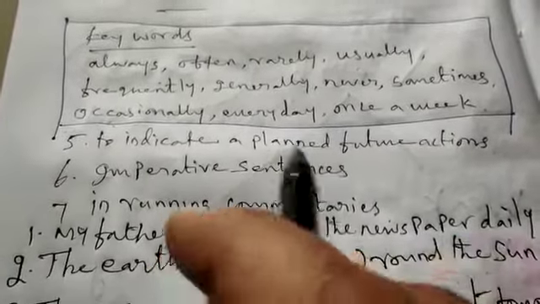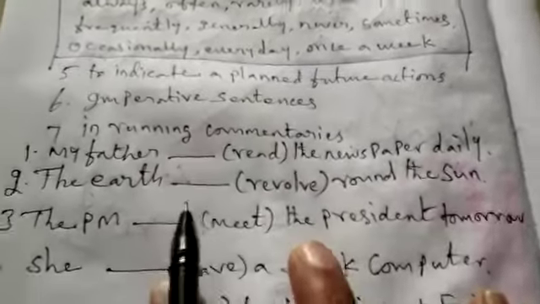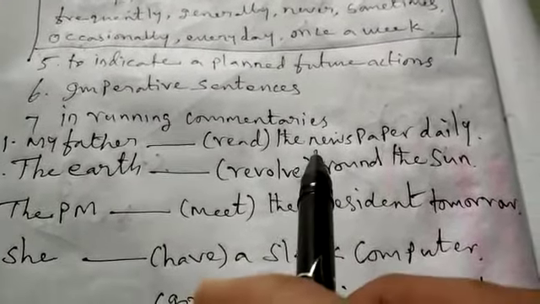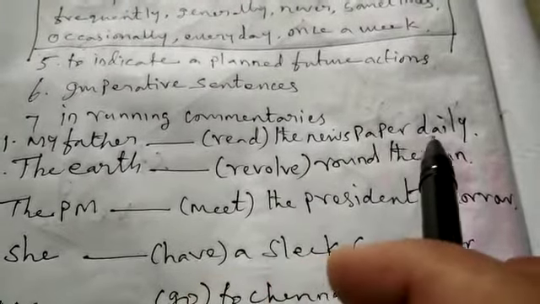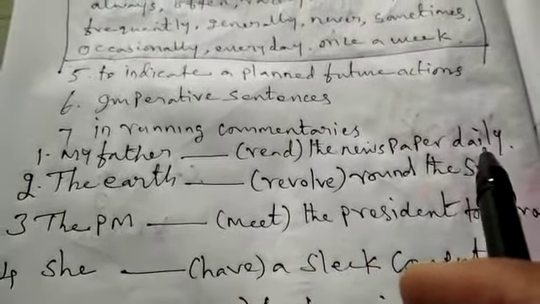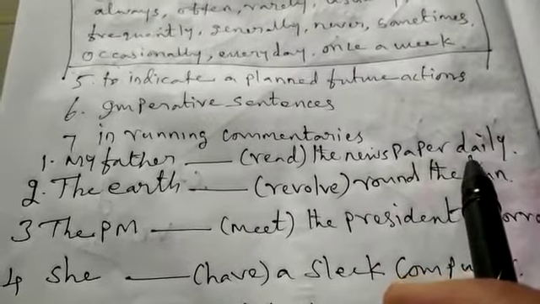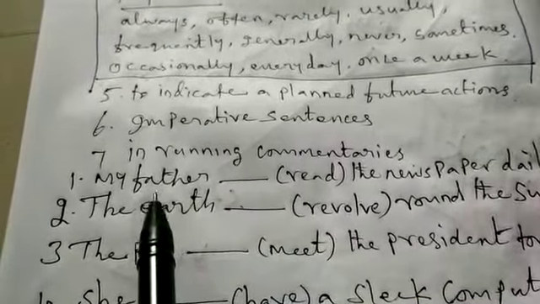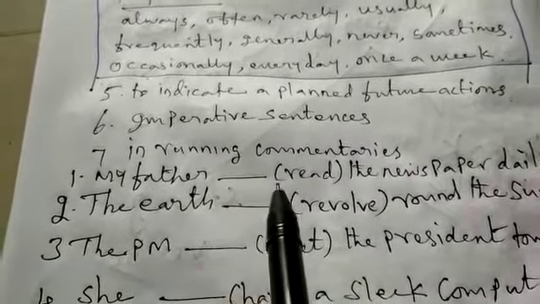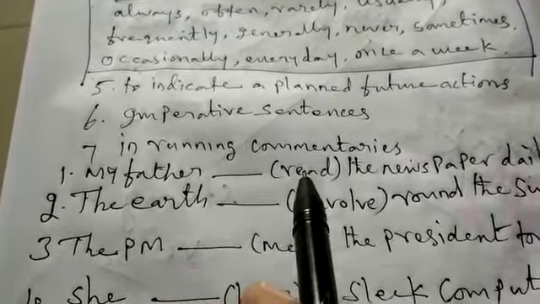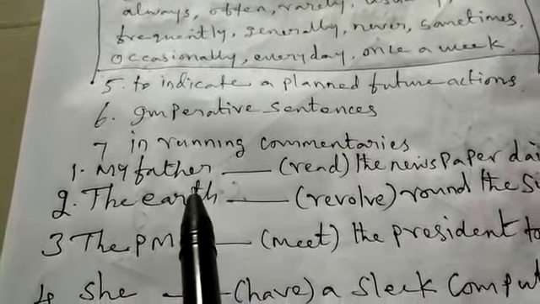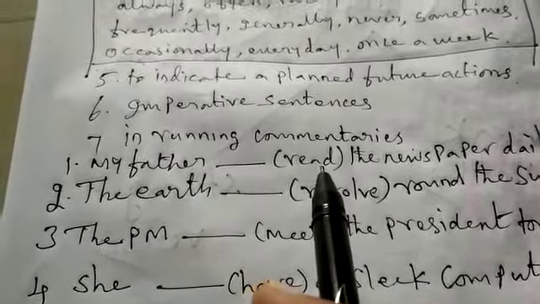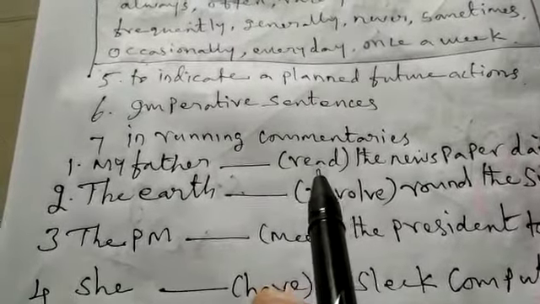Let's see some examples for simple present tense. First one, my father reads the newspaper daily. Reading the newspaper is a routine work for his father. So here we must use simple present tense. My father reads, just you add s. Why?